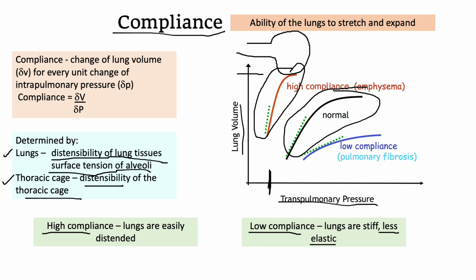For low compliance, even with an increase in pressure, the volume will not increase that much, meaning that it is very difficult for the lung to expand. Usually this is the case in pulmonary fibrosis, in which the alveoli are fibrous and it's very difficult for them to expand. Okay.